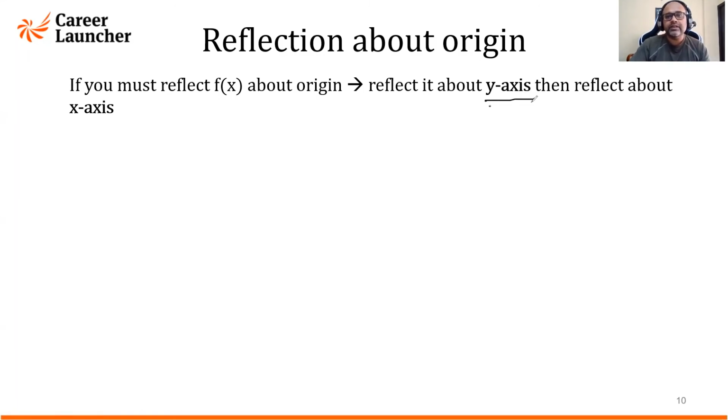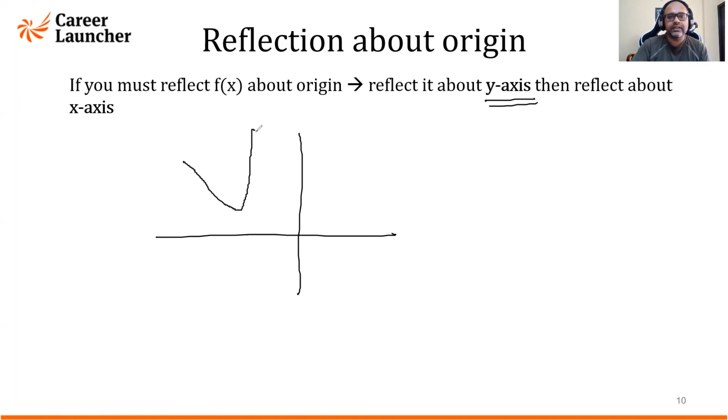The first step is to find the reflection with respect to the y-axis. Once you get that, then reflect it with respect to the x-axis. So if the function is like this and I want to find the reflection with respect to the origin, you can imagine it will be somewhat like this.